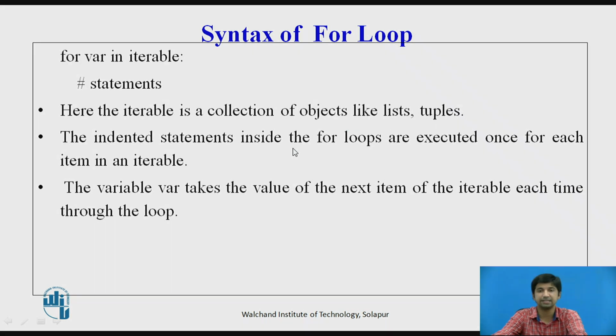Indented statements inside the for loop are executed once for each item in an iterable. For example, for var in list, where list equals 1 2 3 4, var will take the values 1, 2, 3, 4. The variable var takes the value of the next item of the iterable each time through the loop.